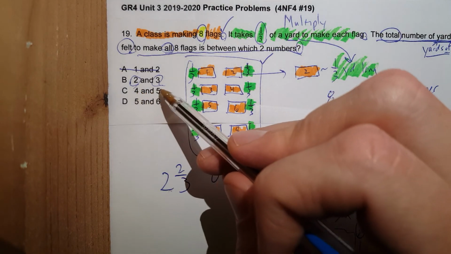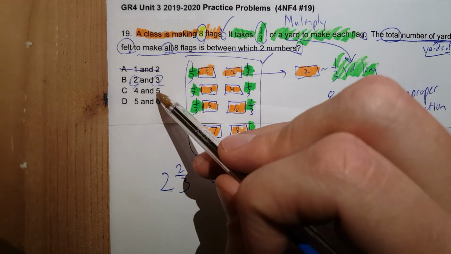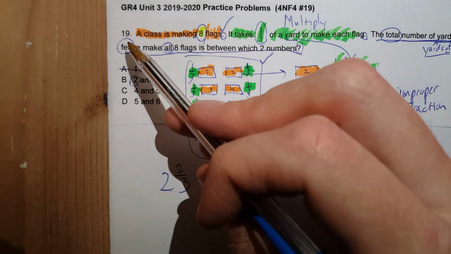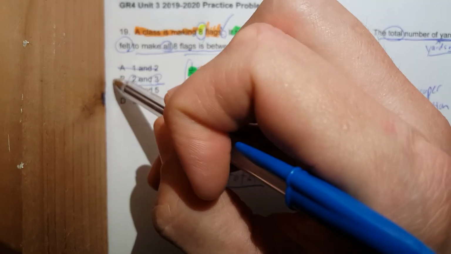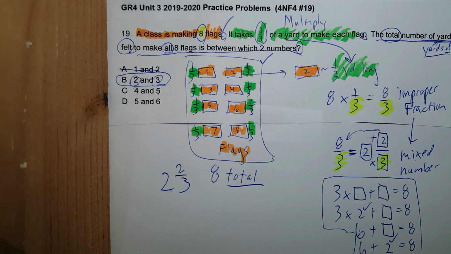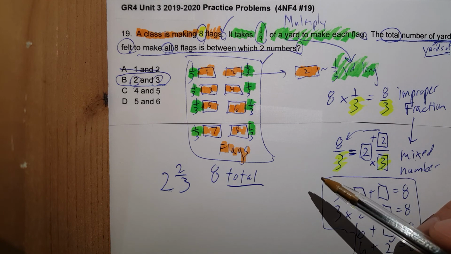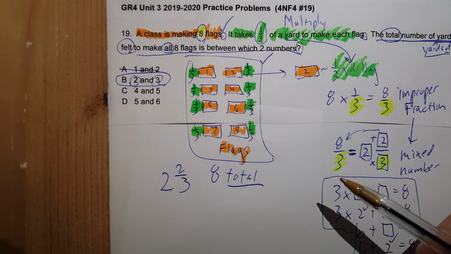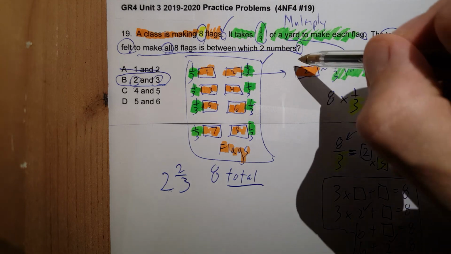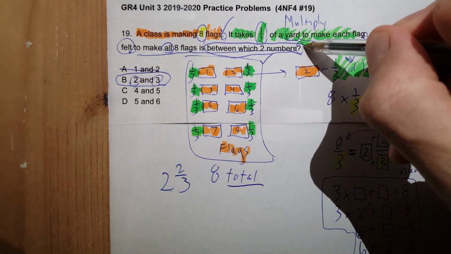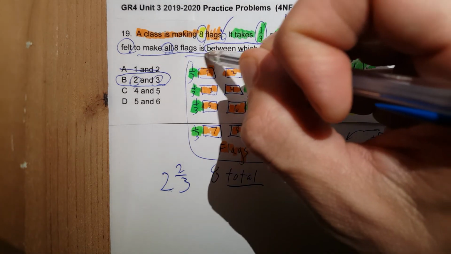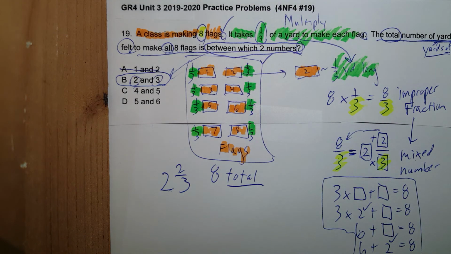If I got 4 yards or 5 yards, it will be wasted felt. So we need to get between 2 and 3 yards. All right? So there it is. Hopefully that helps. That was solved right there. Between which two numbers is it? It's that.